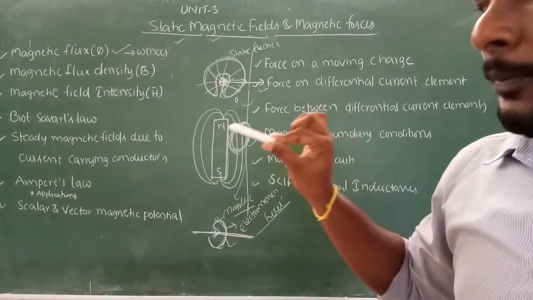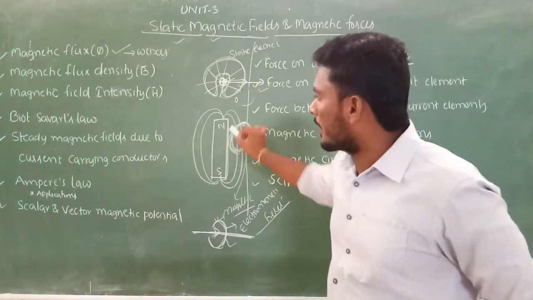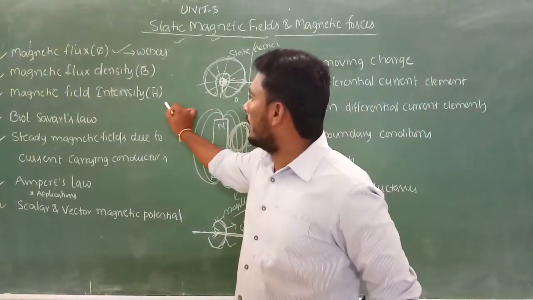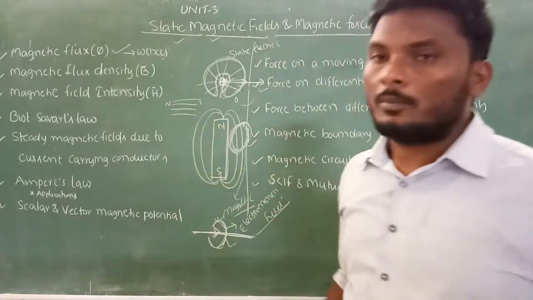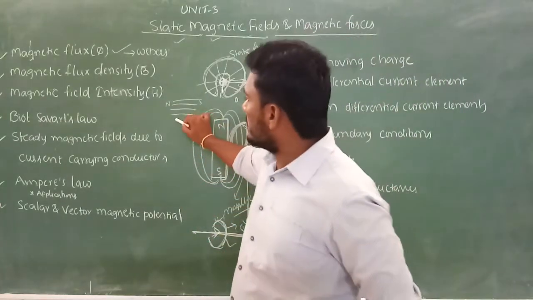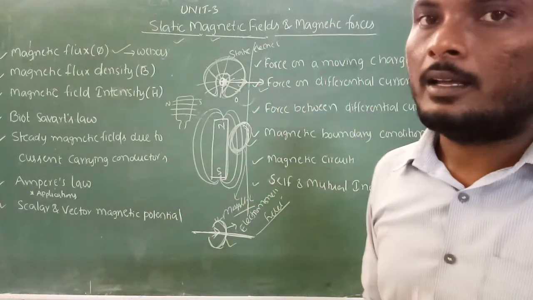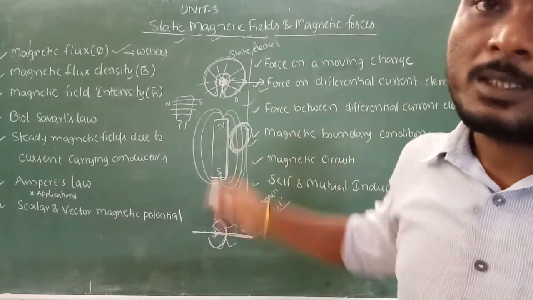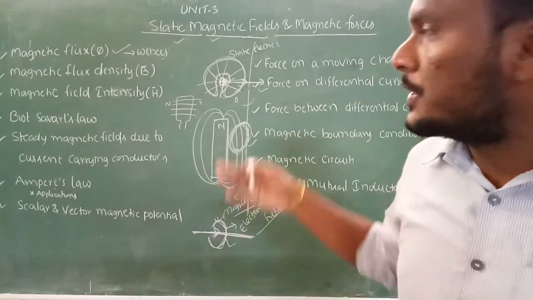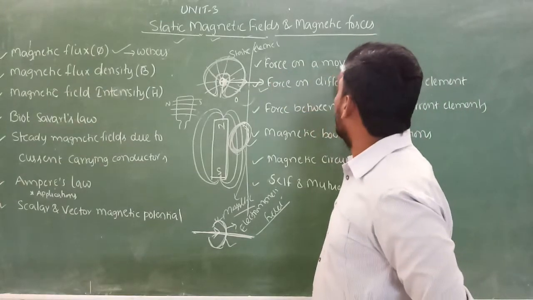Now you place this current carrying conductor in the presence of a magnetic field, with a north pole and south pole, and the magnetic field flowing from north to south. What will happen? A force is experienced on the conductor. Such a phenomenon is going to be studied in this unit, that is the force on moving charge.